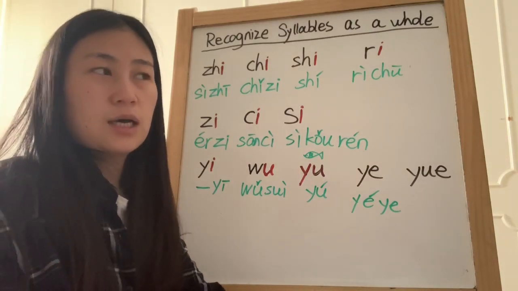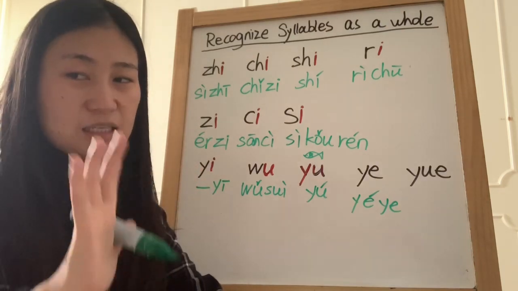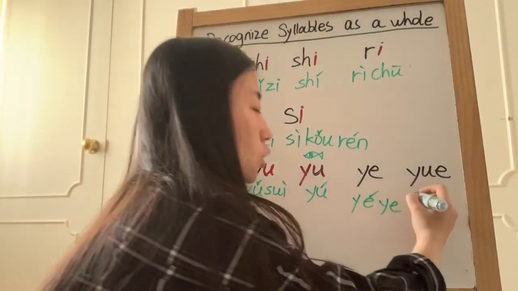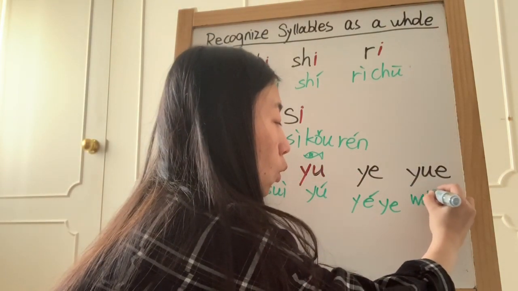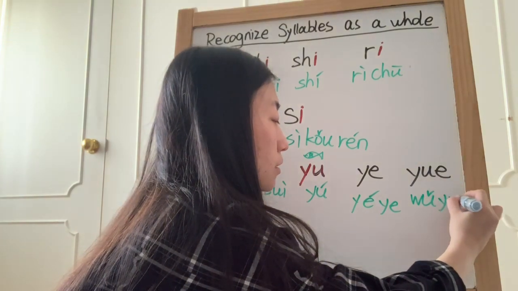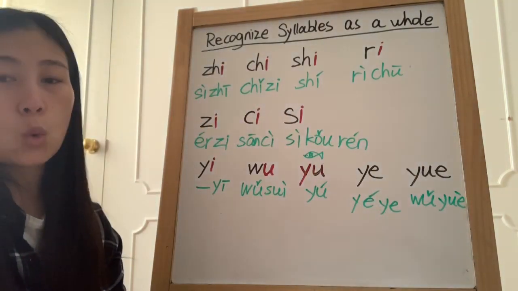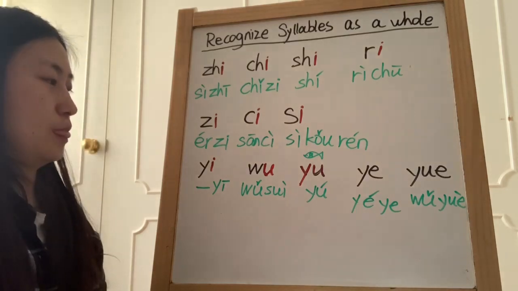For example, now is May, the 5th month, right? So it's 5月. Okay? 5月.